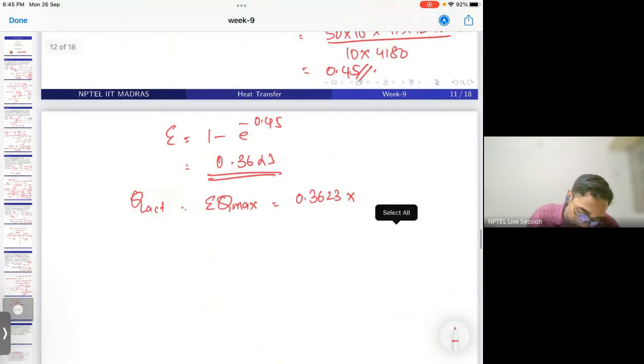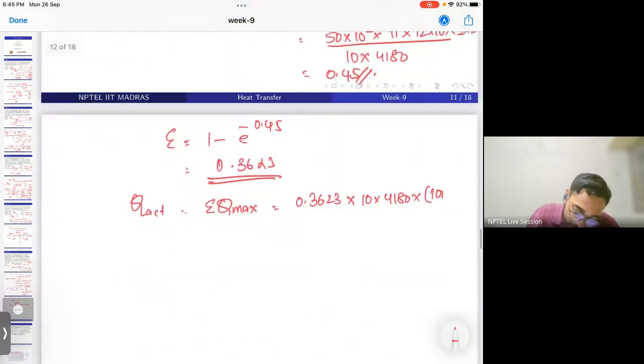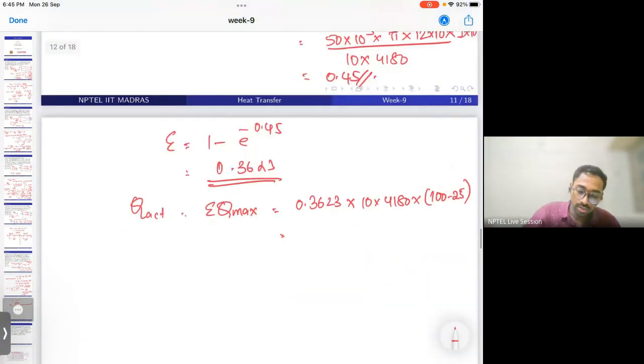So it's 10 into 4180 into 25, or 20 to 25. So this will come out to be 0.3623 times that.